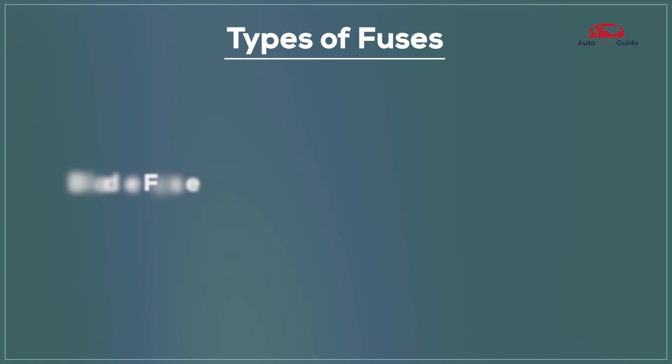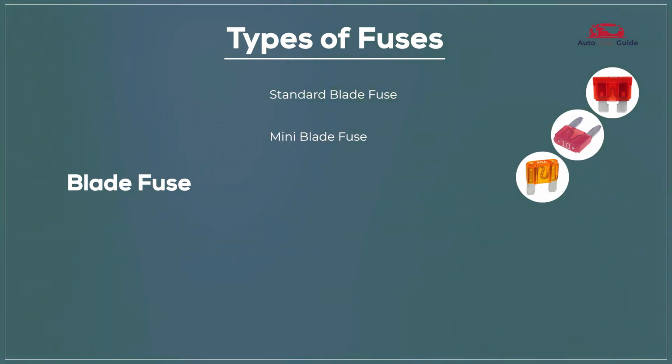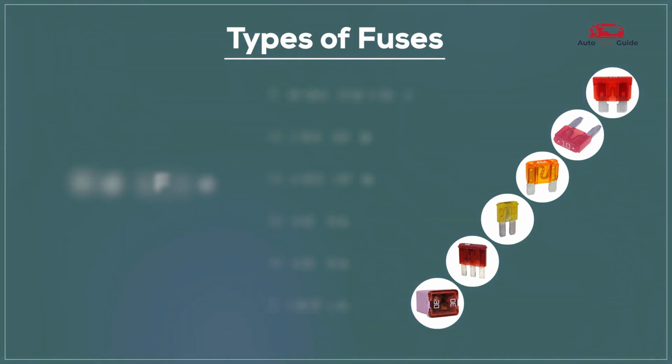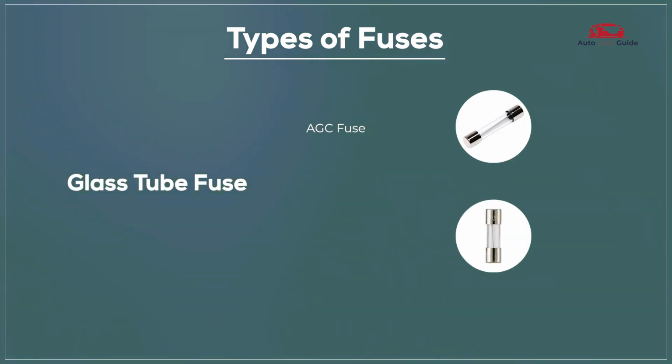Types of fuses: blade fuse, standard blade fuse, mini blade fuse, maxi blade fuse, micro 2 fuse, micro 3 fuse, J-case fuse. Glass tube fuse, AGC fuse, SFE fuse.